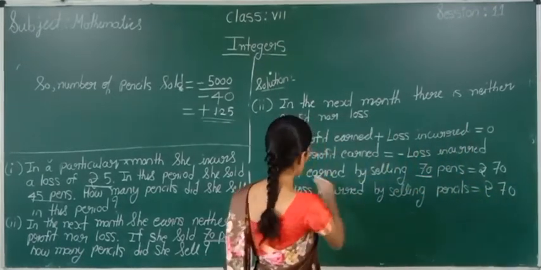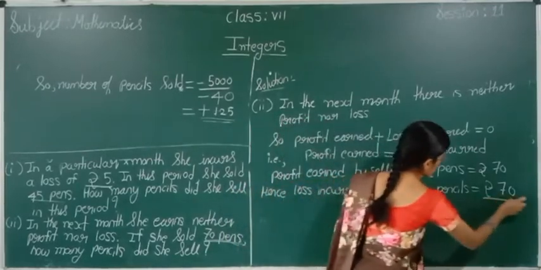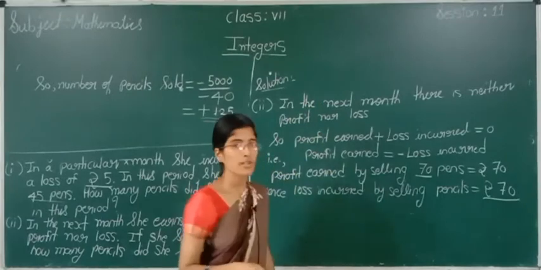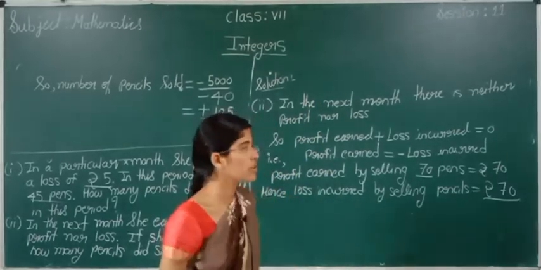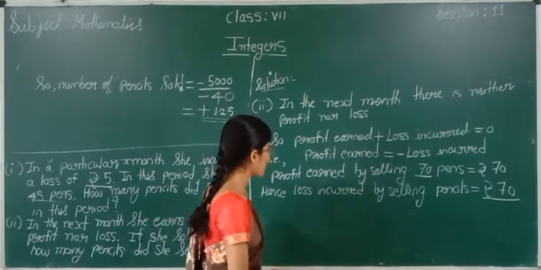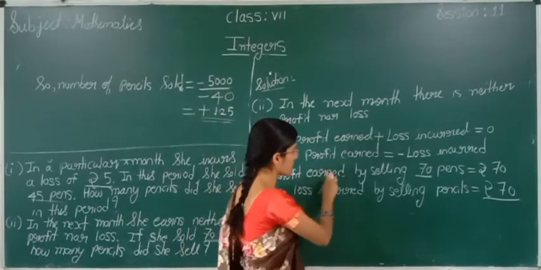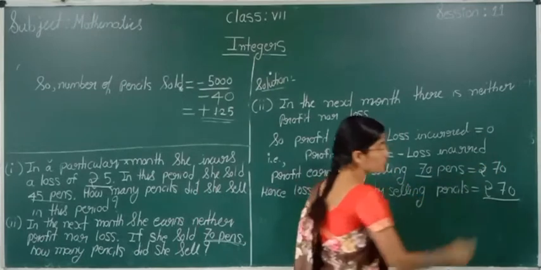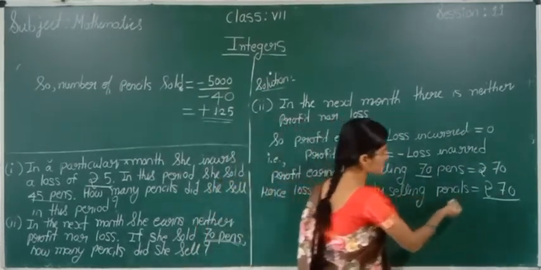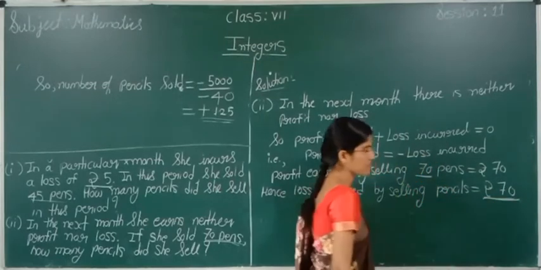Now see, why did I take this also 70? Because they have given that there is neither profit nor loss. Yes or no? They have given no profit, no loss. In this particular month, profit earned by selling 70 pens is ₹70, right? Loss incurred by selling pencils is equal to ₹70.